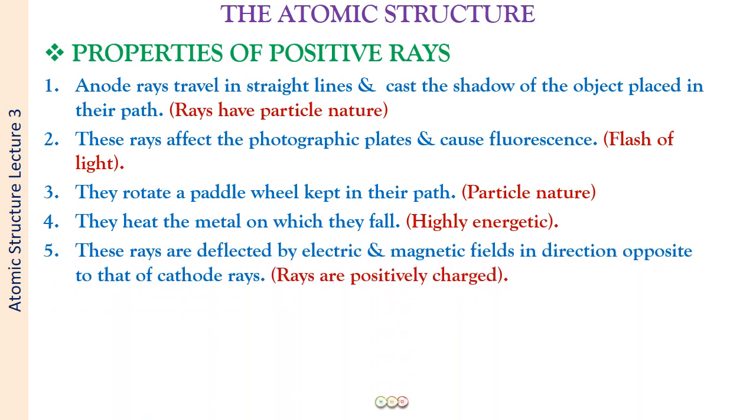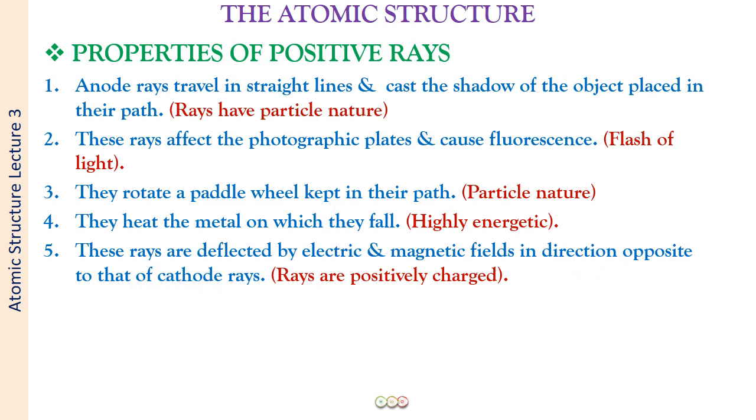And then the difference from the cathode rays comes here, that these rays, when deflected by the electric and the magnetic field, move in a direction opposite to that of the cathode rays, showing that these rays are positively charged. In the electric field, they are deflected towards the negatively charged plate, and similarly in the magnetic field the direction is opposite to that of the cathode rays.